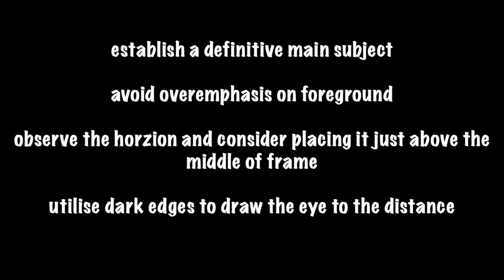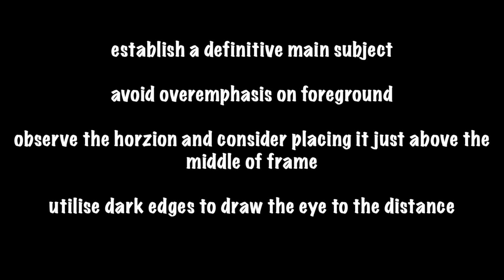Let's summarize everything. Make sure your main subject stands out from the environment so the eye can find it and latch onto it. Don't overemphasize that foreground. Use a foreground and midground as a way to lead the eye and just complement the main subject matter. Keep an eye on the horizon. If it's in the middle or if it's placed too low, the eye may skip the foreground altogether and go straight to the main subject or the sky, and then somewhat be left wandering from there.